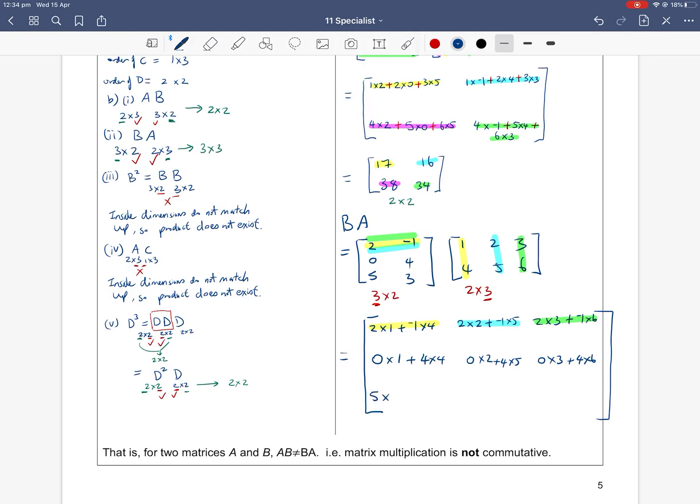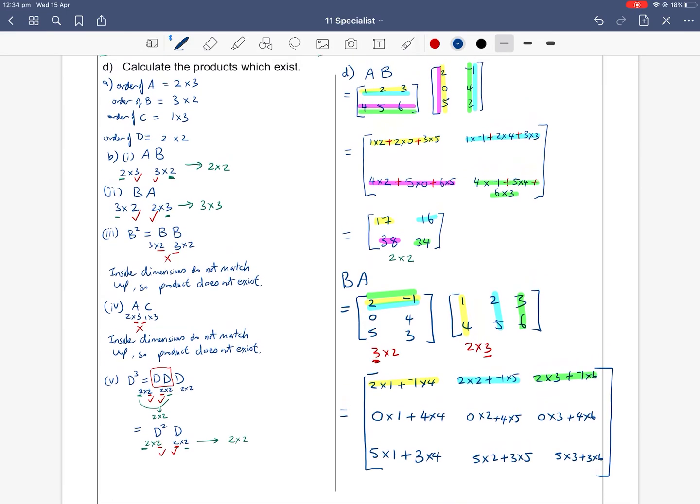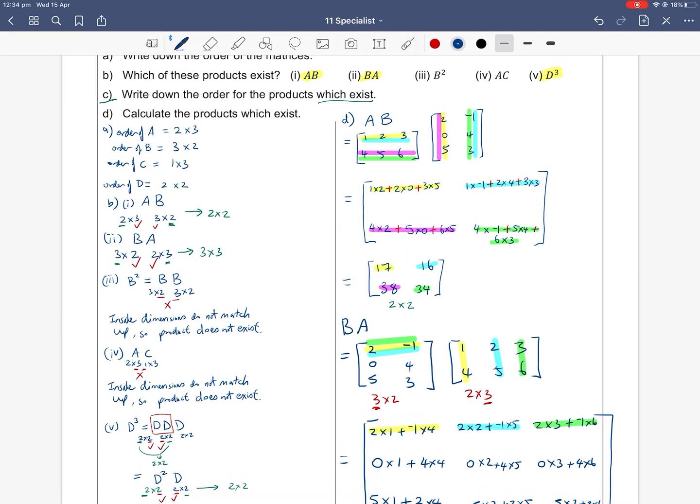Lastly, row 3, column 1, 5 times 1 plus 3 times 4. Then 5 times 2 plus 3 times 5, row 3, column 2. And lastly, 5 times 3 plus 3 times 6 as your row 3, column 3 entry.